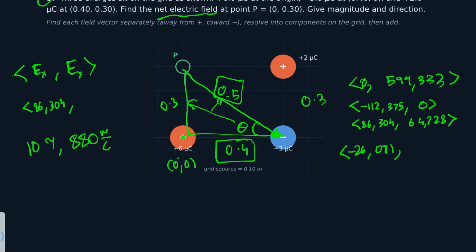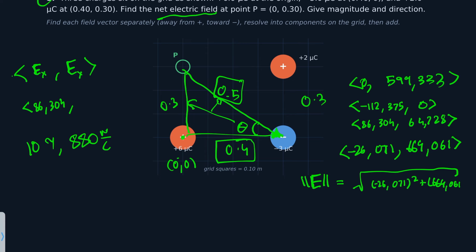And then for the y, 599,333 plus 64,728. Okay, so that's about 664,061. The magnitude of the E here is going to be the square root of negative 26,071 squared, plus 664,061 squared.